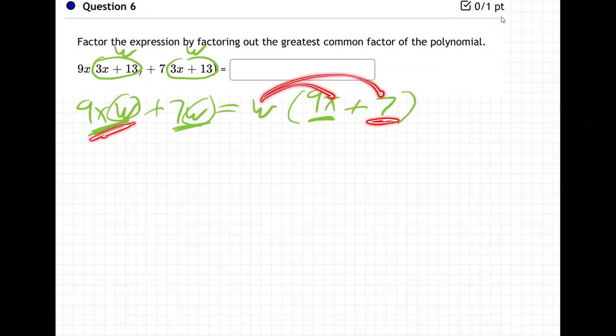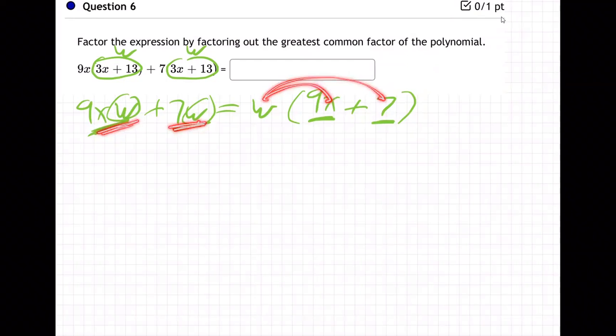And then W times 7 would go back to 7W, wouldn't it? It would work. It would go back. And that's the test in the end. If you take the W and distribute, does it go back?